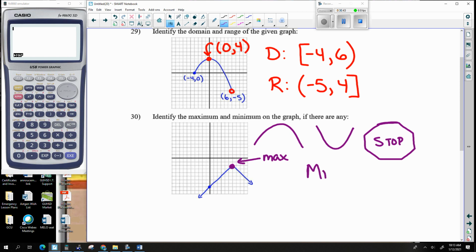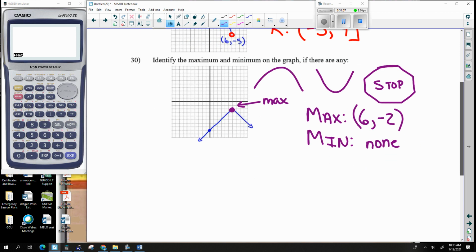So this has a maximum at the point 6, -2. And there is no minimums. There is no bottoms of anything, so none. I think that's it. Easy peasy.